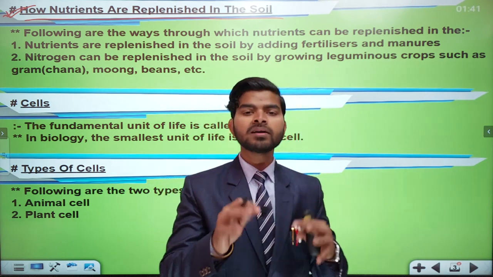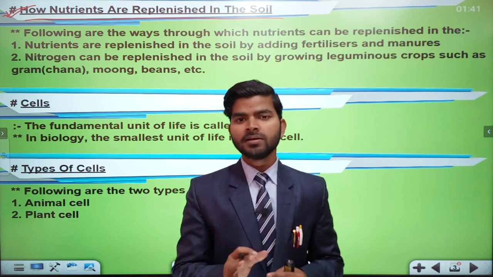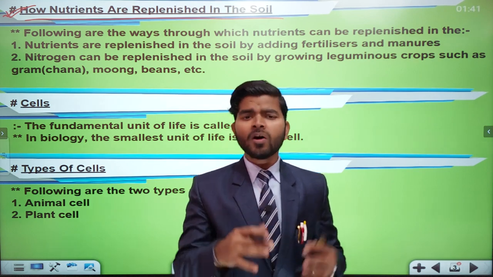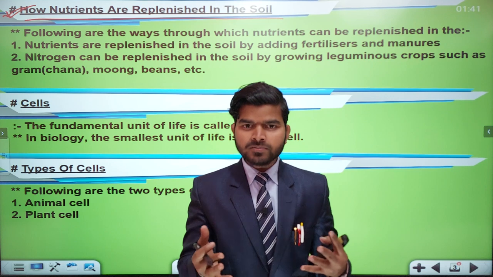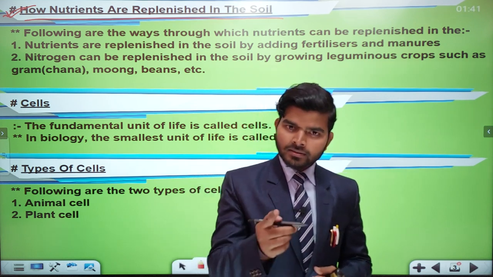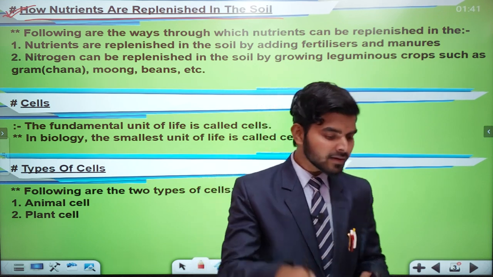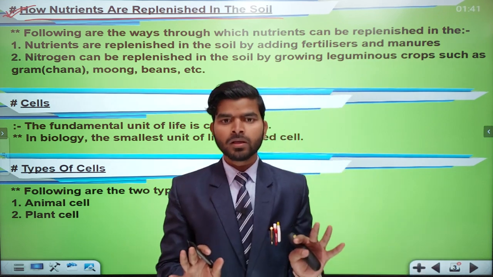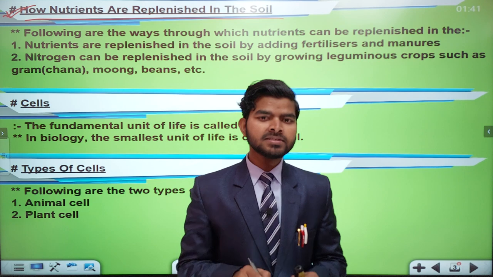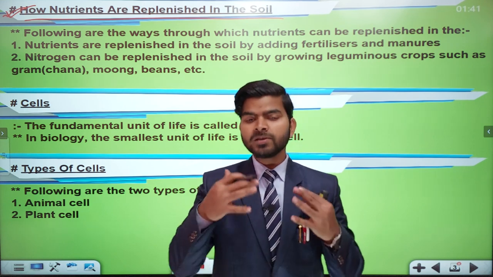Suppose a farmer is growing paddy crops, that means rice, or maybe wheat. But I am supposing paddy crops are grown right now. Then the crops need some nutrients.